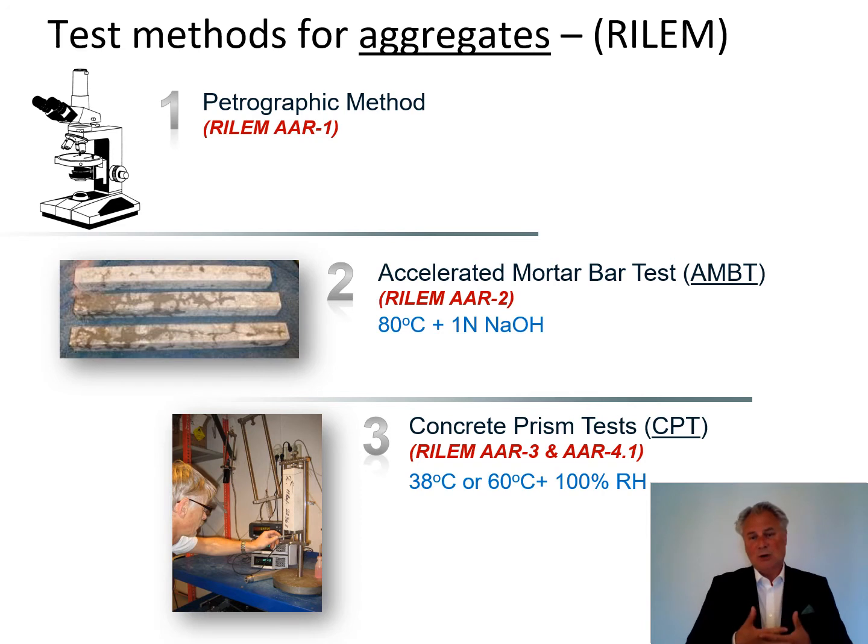You get quite quick results from that test. And thirdly, you have the concrete prism tests. We have two versions, the AAR-3, where the exposure is at 38 degrees, and AAR-4.1, where the exposure is at 60 degrees. And the concrete prisms are stored at 100% relative humidity.